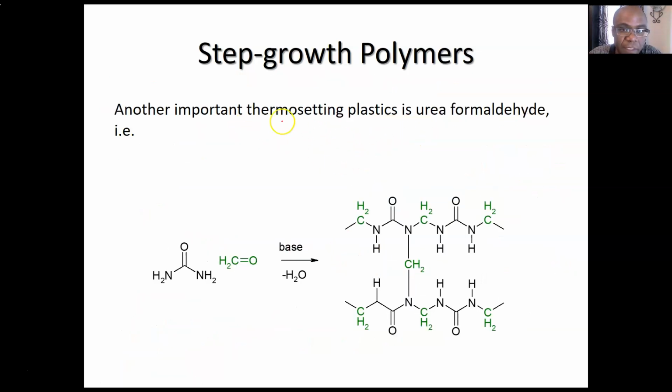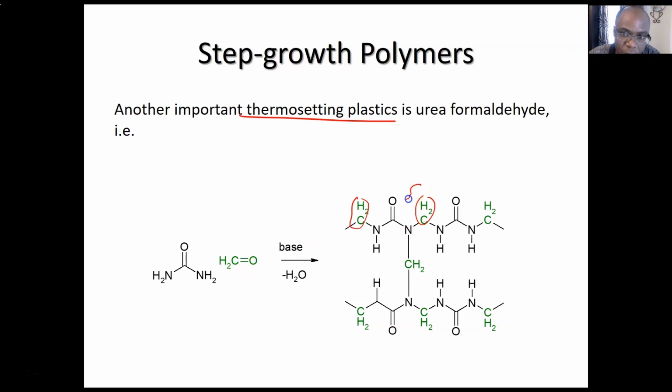Okay. Another important thermosetting plastic is urea formaldehyde. This is another plastic, and I will still tell you that you're gonna lose water. So you see how we are making CH2? All those are CH2. So which means the oxygen was somehow lost. Okay.